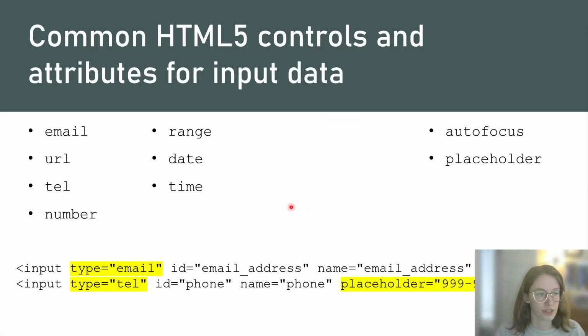So here are some common types of input controls. And for any of these input types, you can also use these attributes. So if you set up an input element in your HTML file, you can specify the type.